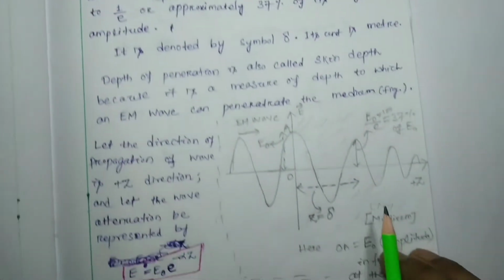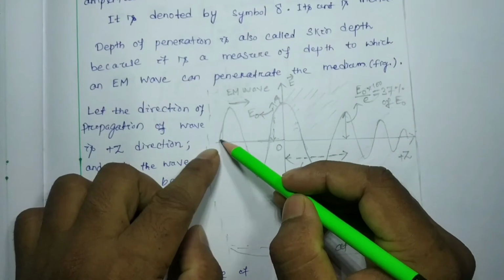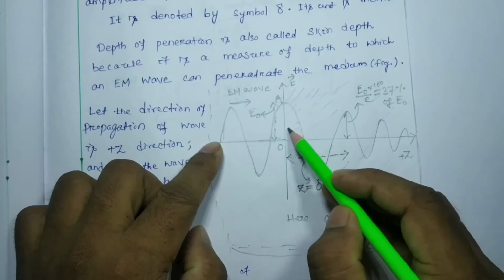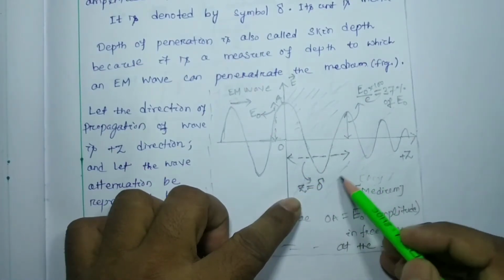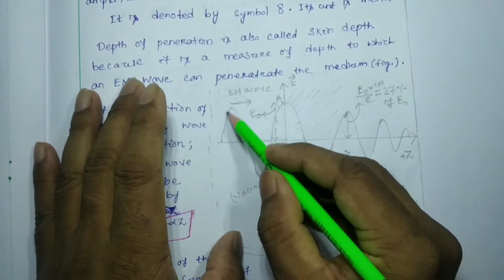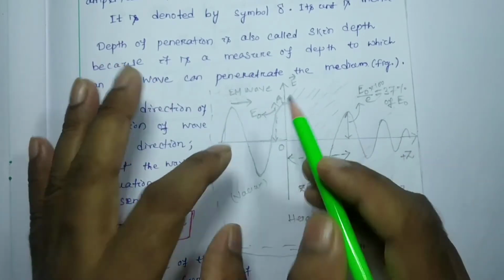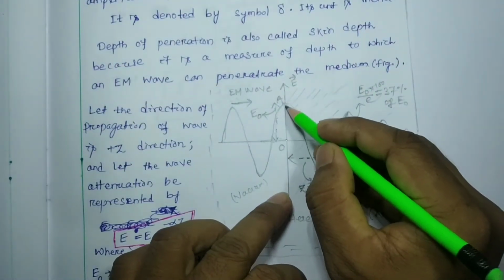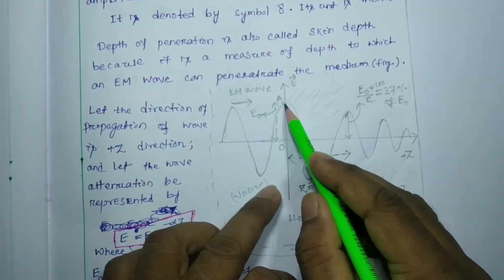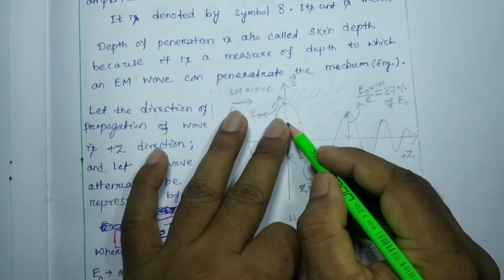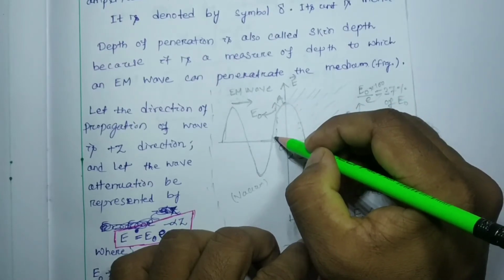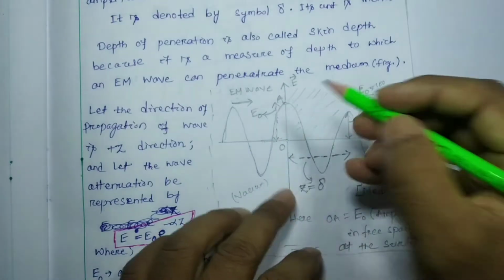Here I am going to show you what is happening. Without attenuation, the electromagnetic wave starts to penetrate inside a medium. Suppose this is your medium, and this side is your vacuum. The electromagnetic wave in the vacuum is traveling without attenuation. When it interacts with the interface, where both media are connected, at that point the amplitude is E0, the maximum amplitude.